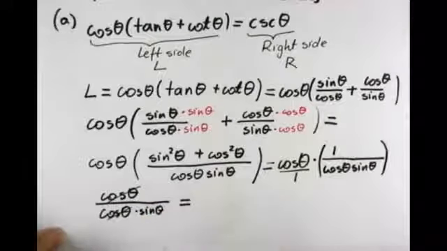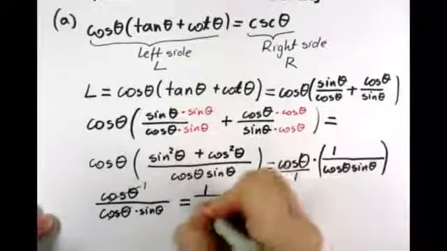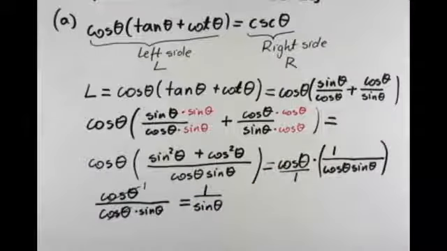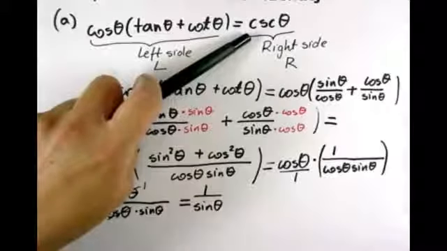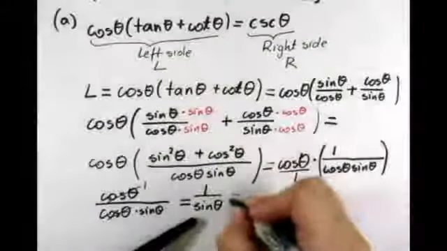Cos and cos is cancelled, reduces to 1. So this is not equal to sine theta, this is equal to 1 over sine theta. And 1 over sine theta is nothing else but cosecant.